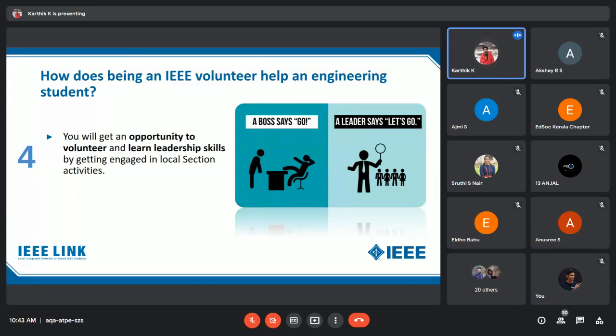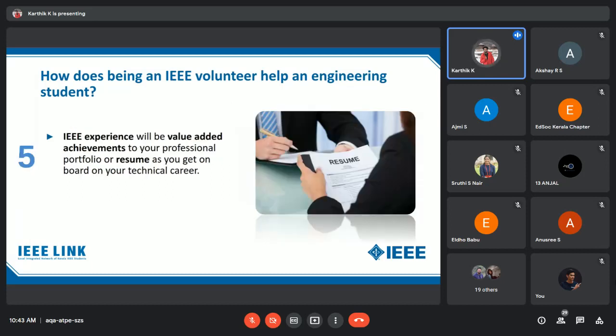Here we have really good organizational structure, like the link team, hub team, etc., and society teams are also there. See where you are the best fit and volunteer there. That will give you good leadership skills. IEEE experience will be an add-on achievement to the professional portfolio or resume that you are building.